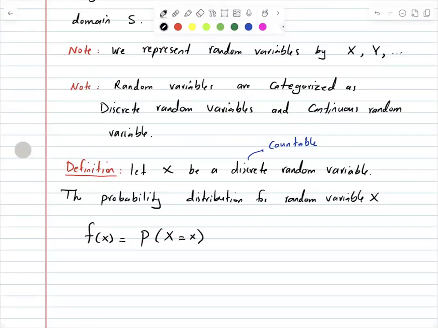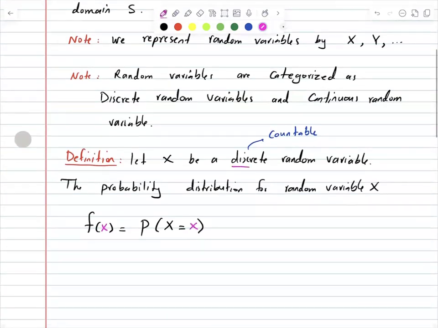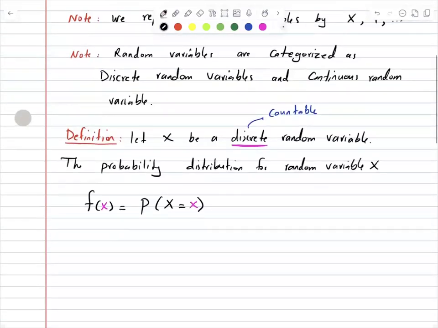So let me change this color to highlight this, that random variable X takes on a value like x. Remember that the probability distribution for a discrete random variable is positive, or at worst case scenario is 0. And if you add all of those probability distributions, it is equal to 100%.